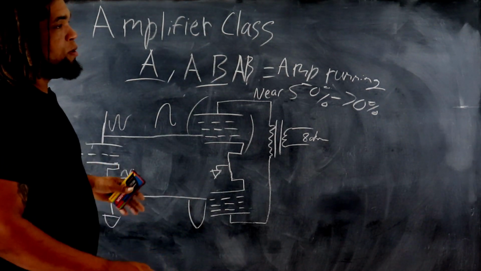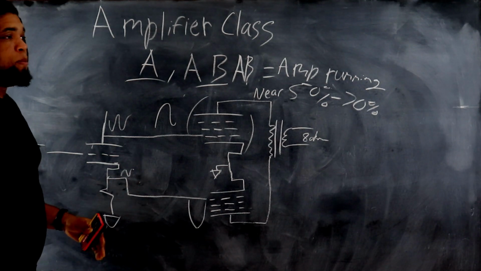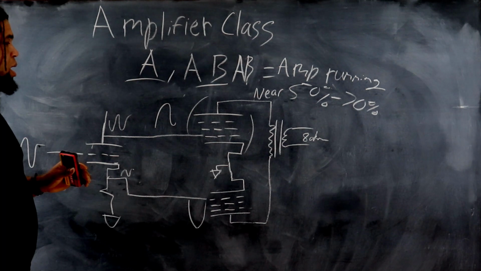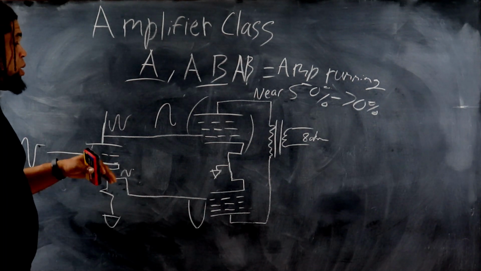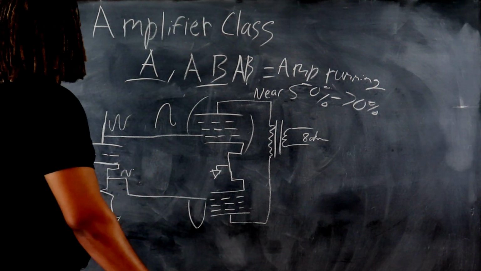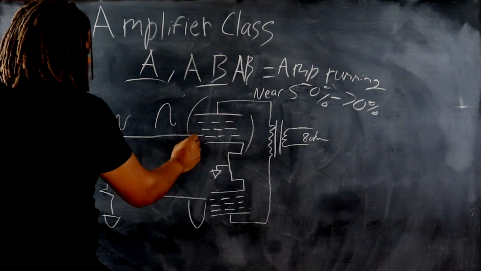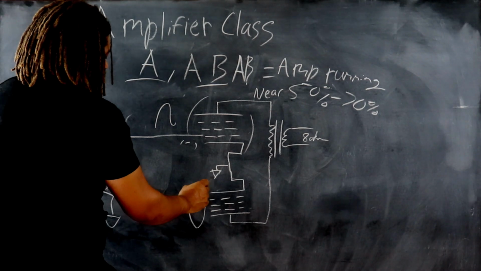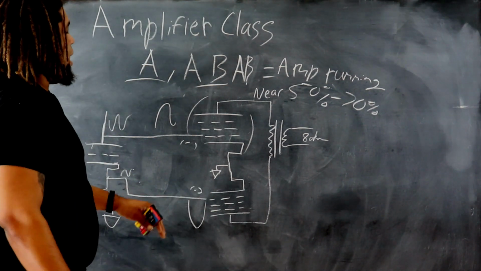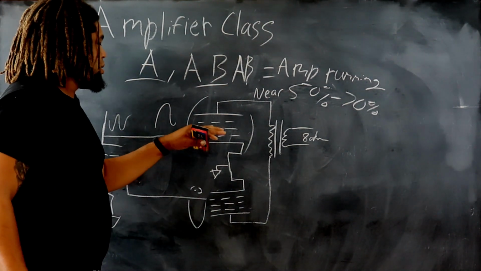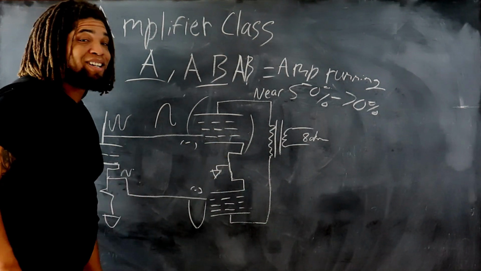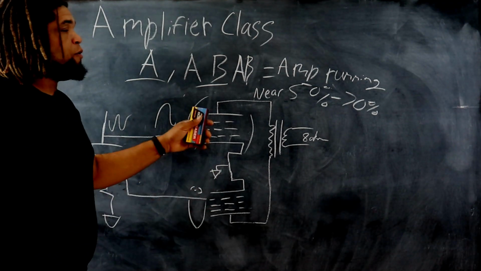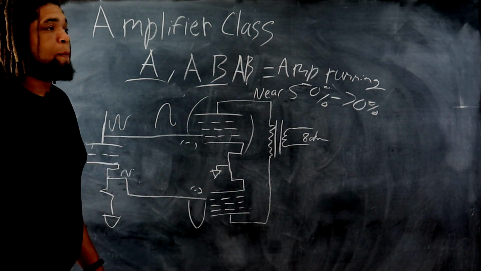Now, typically on a vacuum tube setup, the easiest way to dictate what the bias point is going to be is to inject a negative voltage here at the grids and have a negative volt supply to dictate how much these tubes conduct. And that negative voltage supply will dictate if you're running Class A or Class AB.